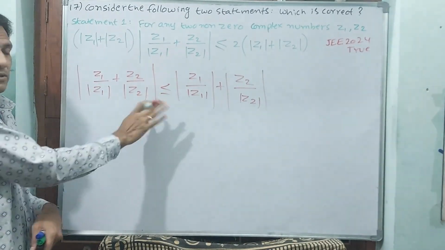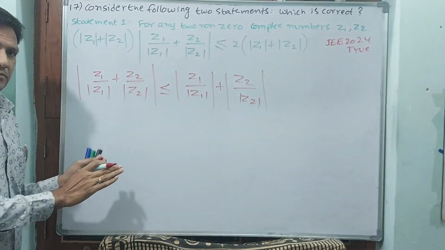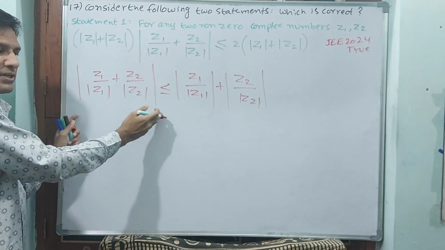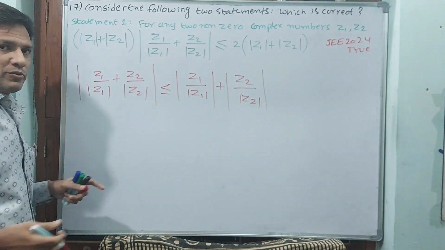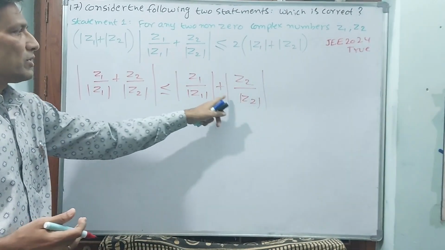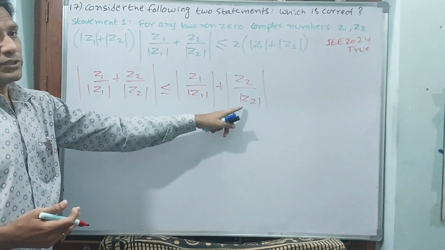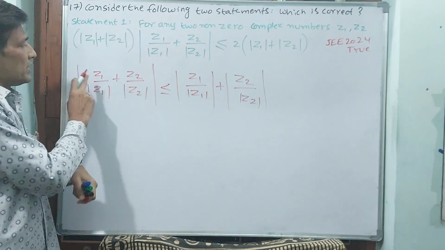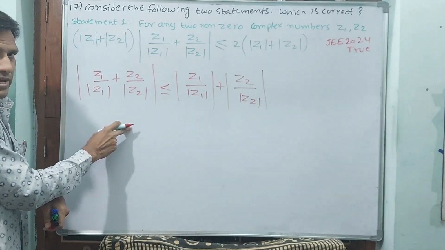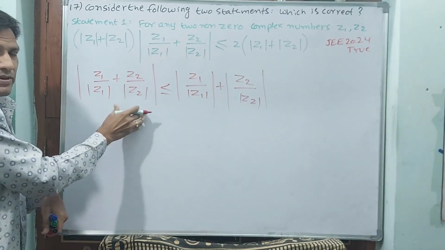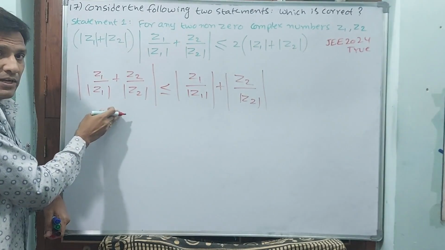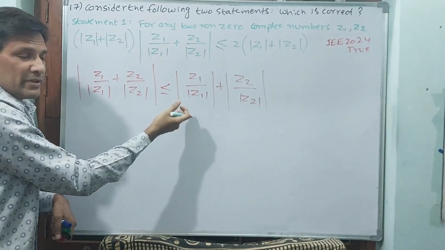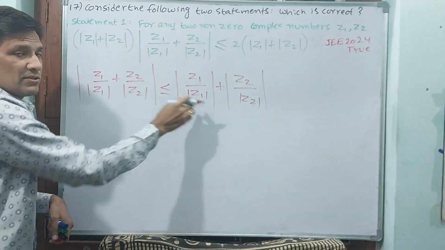We already know this very well. Consider this as 1, this as 2. Z1 plus Z2 inside modulus; if you bring the modulus outside as modulus Z1 plus modulus Z2, it is always going to become greater. Why? Even if it is negative, say x minus y, it is a smaller value. But if you apply modulus to minus y separately, it becomes plus y. That way this is always greater.